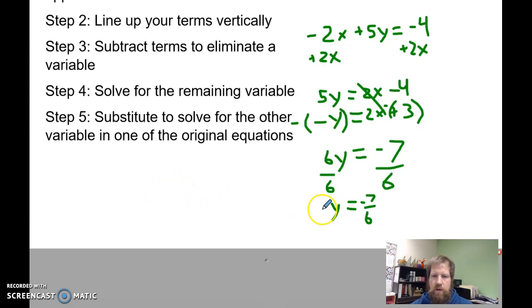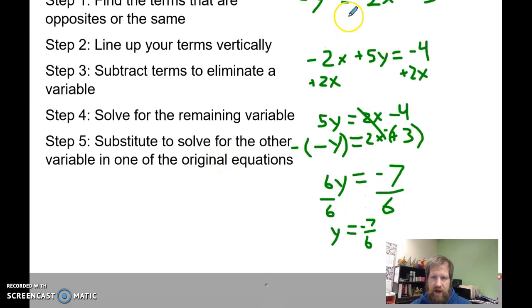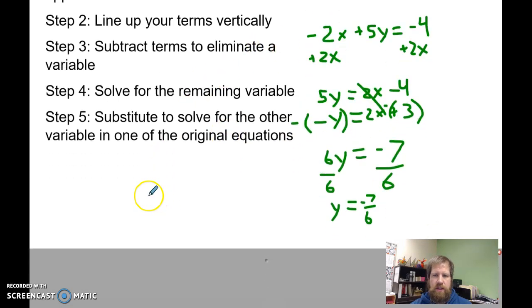Okay, so let's go into this bottom one. So we've got negative y equals 2x plus 3. So negative 7/6 equals 2x plus 3.